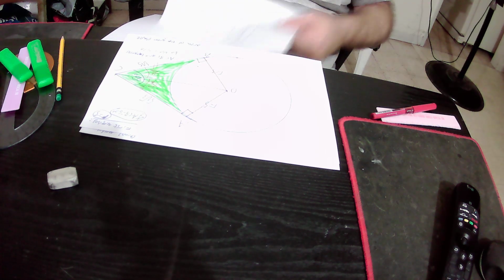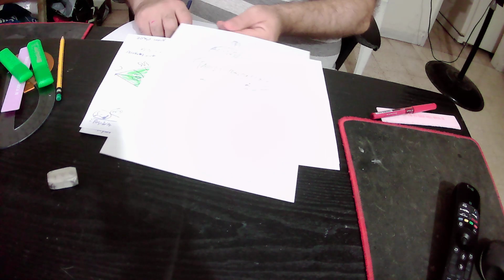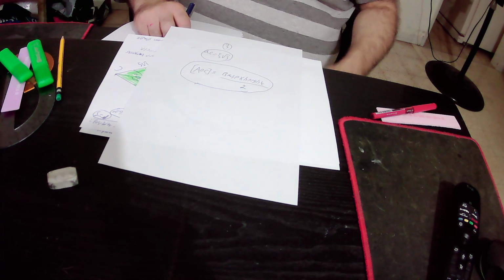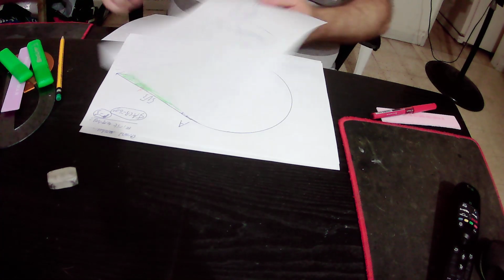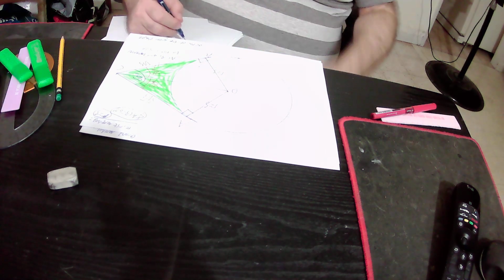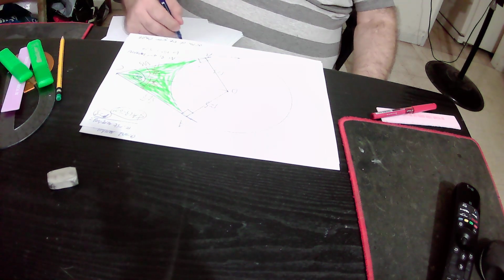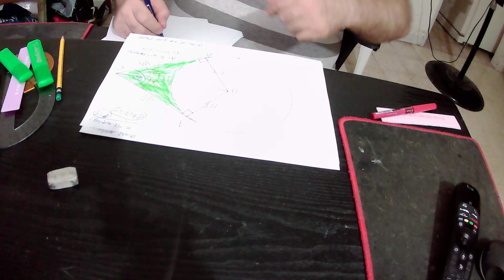Again, the area of triangle AOC equals the base of the triangle times the height to the base over 2. So what is the base of triangle AOC? The base is actually OA.